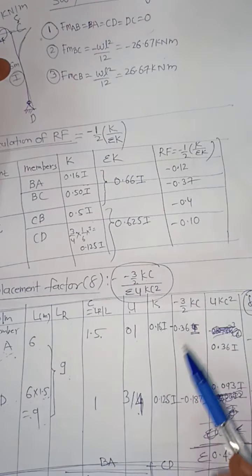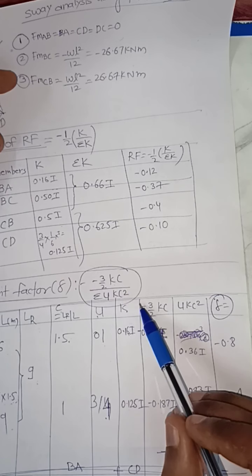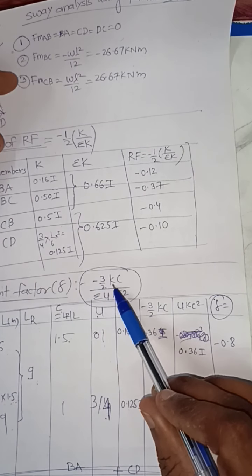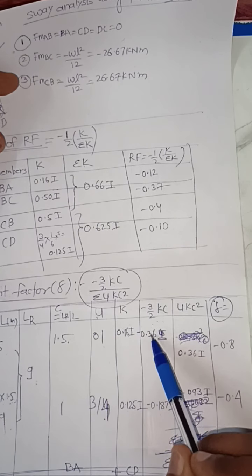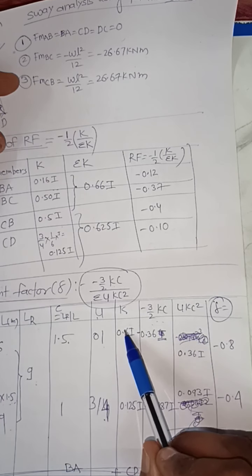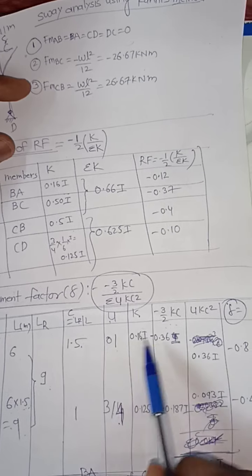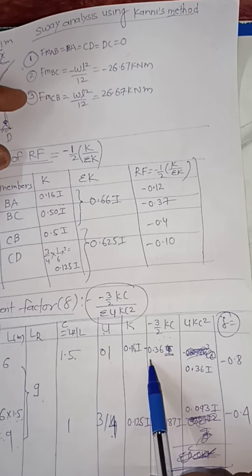Now we just have to put these values in the columns and solve for the value of delta. Now 3 by 2 kc. We solve the numerator part first. Minus 3 by 2 multiplied by K factor into C factor. C is 1.5, so it will be equal to minus 0.36.